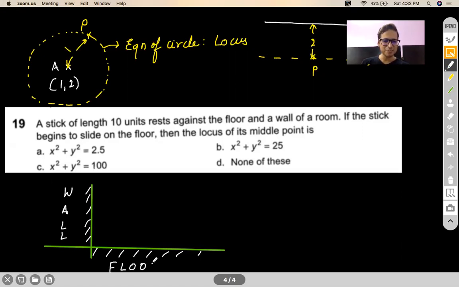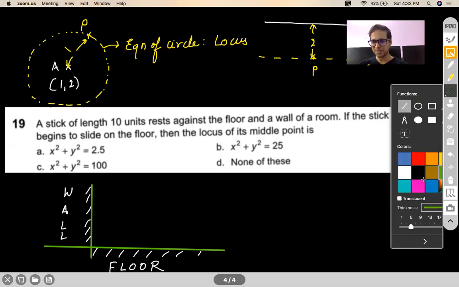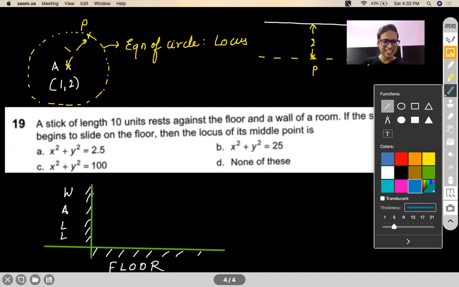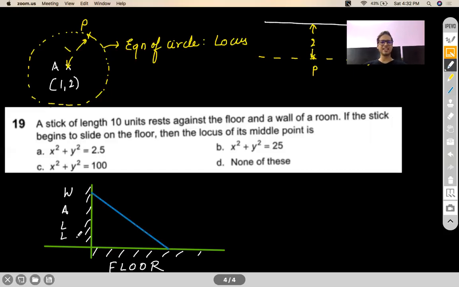Sir, what, sir? PJ. Okay, and this is your floor. Now there is a stick resting against this floor and the wall. Because of some reason this stick is slipping, so this end of the stick is moving away from the wall and this end is coming down towards the floor.